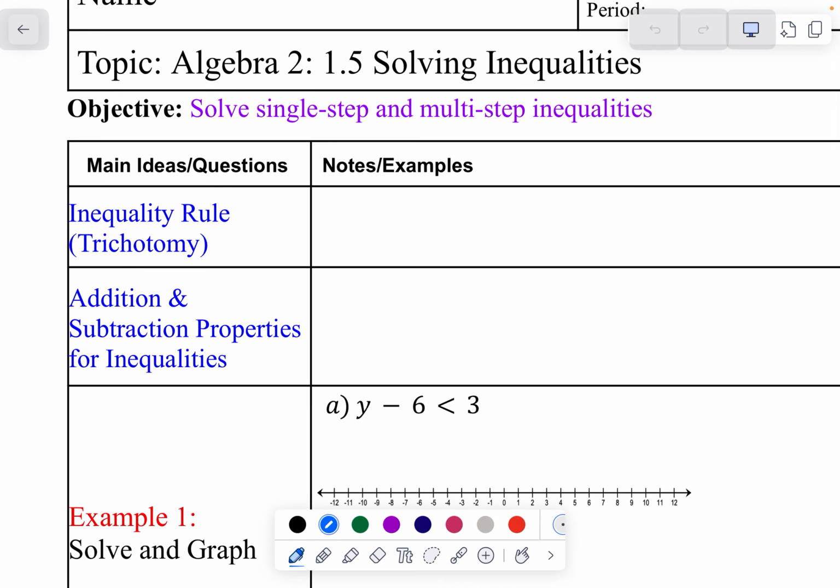So in the inequality realm of things, there's a rule called the trichotomy rule. And it basically just says that for any numbers A and B, one of three of these is true.